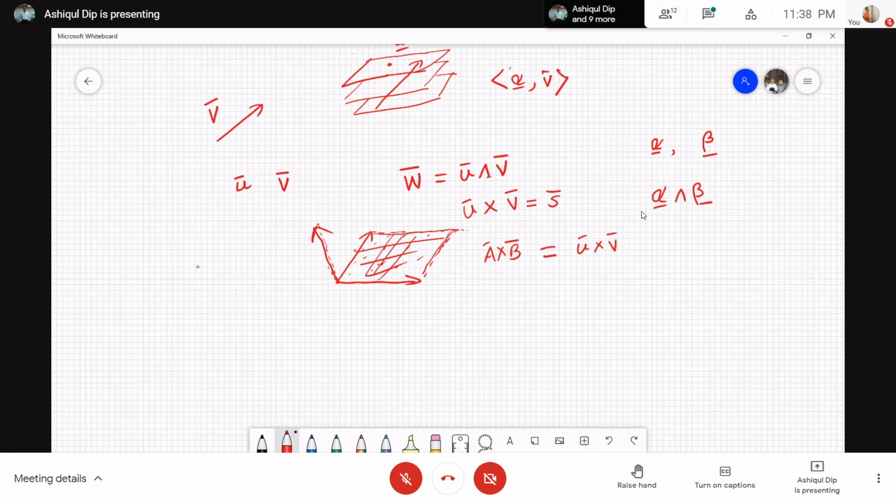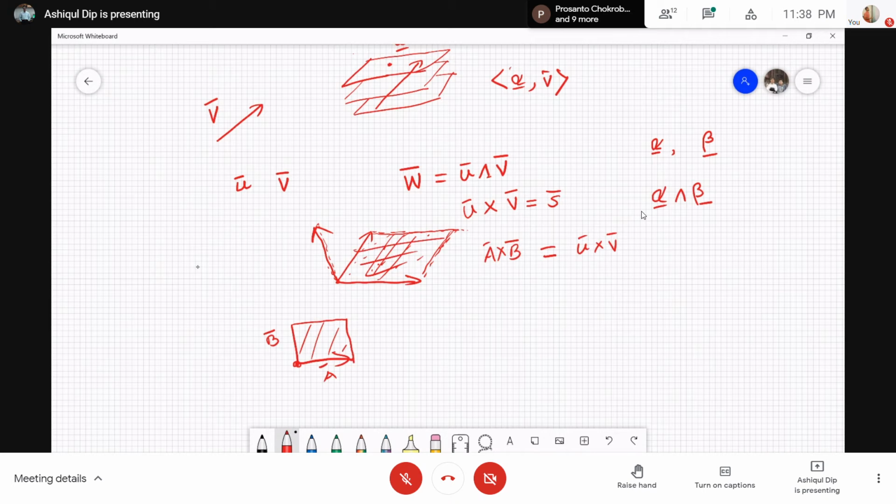How? So say we could have two vectors like this on this plane. So this is A vector, this is B vector. So the result will have this area and point outward to the plane, right? Yeah.